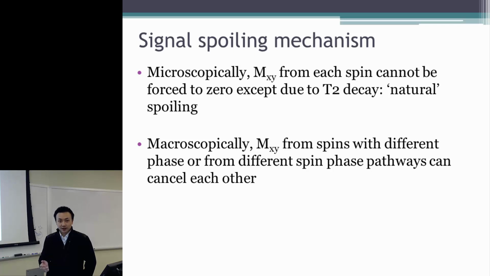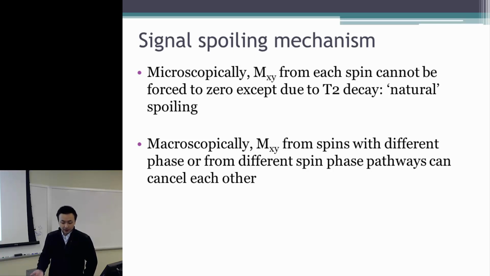If we use a very long TR, then we can naturally get a zero transverse signal because of the T2 decay. So this is a natural spoiling. But usually if we use natural spoiling, we are looking at an hour scan of one single sequence. So that's not practical.